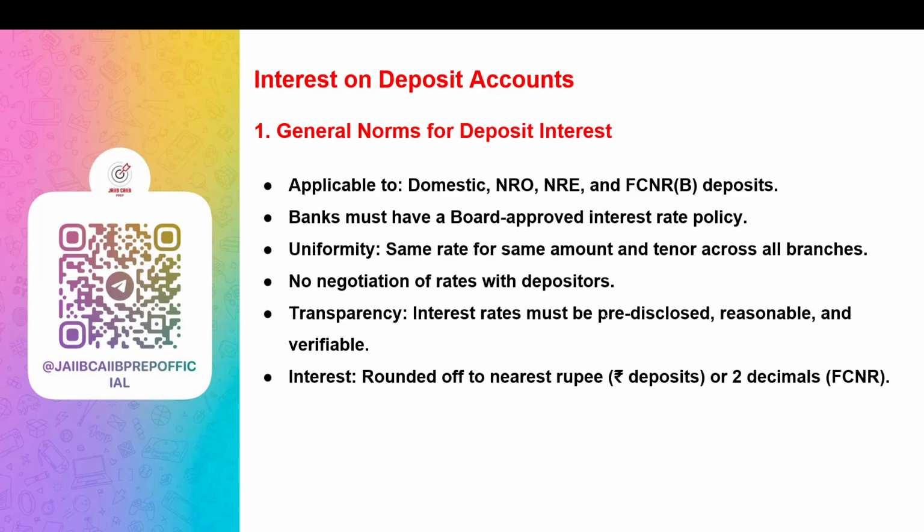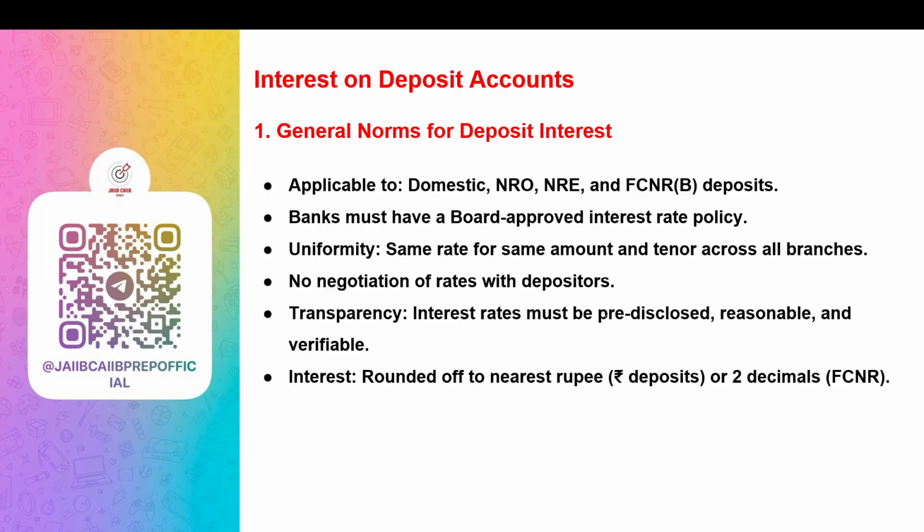Let's understand interest on deposit accounts now. We'll move with general rules, and then we'll move specifically to types of deposits. So, as a general rule, the bank must have a clear interest rate policy approved by their board or a committee. The same interest rate must be given to everyone for the same time.